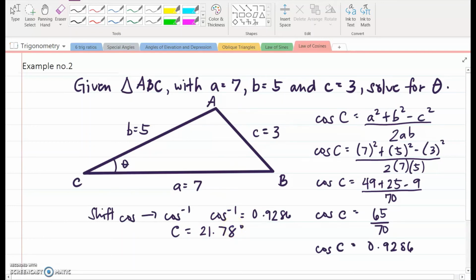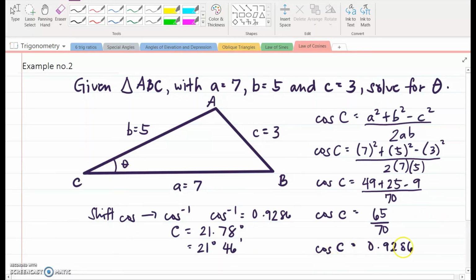If you're going to press in minutes seconds, that will be 21 degrees 46 minutes. So 21 degrees 46 minutes, or 21.78 degrees for your angle C.